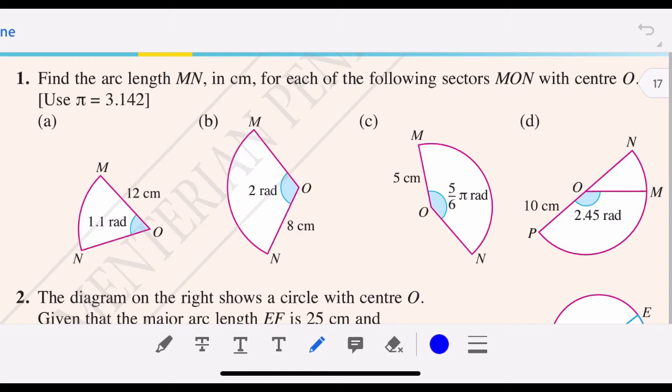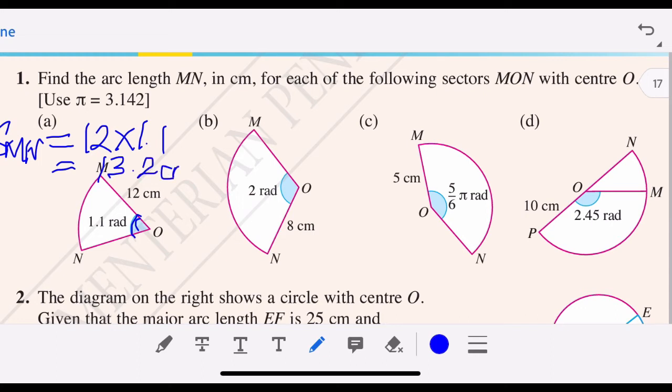Because the angle is in radian for this one, for you to find the arc length MN is quite easy. You just take 12 times 1.1, right? So you may press your calculator and you get the answer 13.2 centimeter for this arc length.